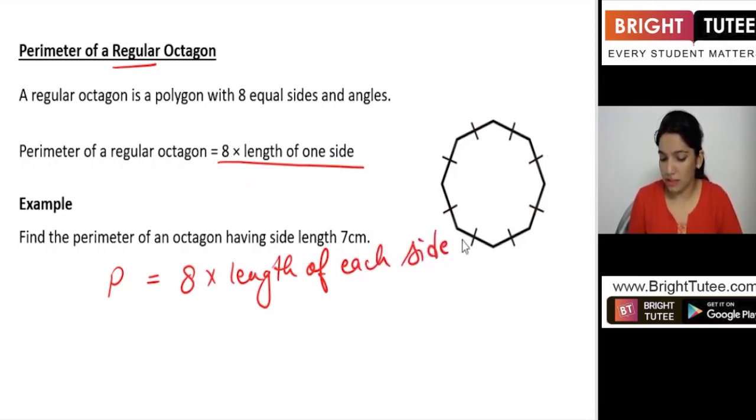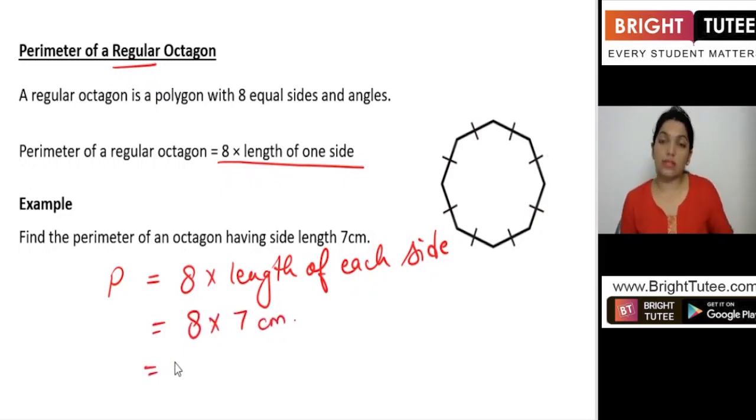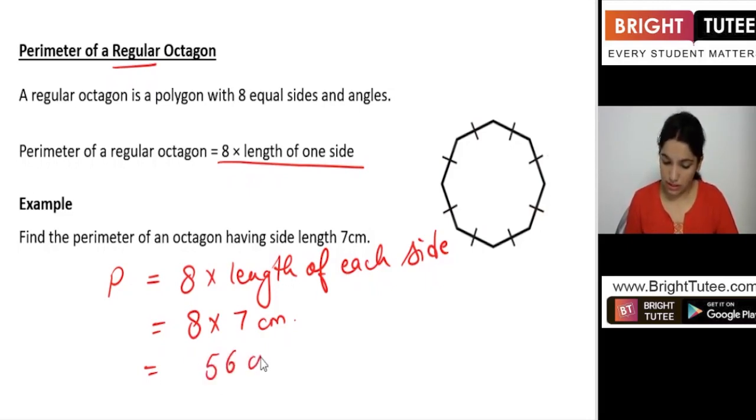The length of each side, because it's regular, is given as 7 centimeter. So it is 8 times 7, and this is in centimeter. I'm again telling you to make sure that whenever you're writing these measurements, you are always given the units in which you need to write. These units need to be written every time accurately as given in the question. So this is 8 times 7, so it is 56 centimeters.